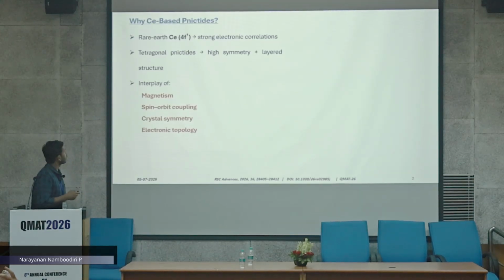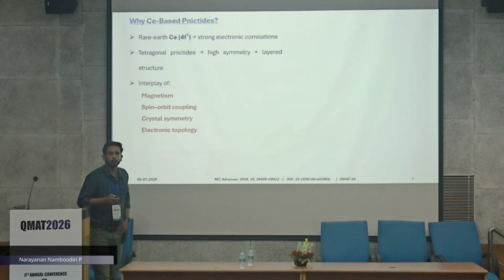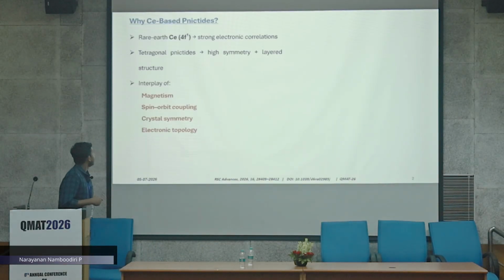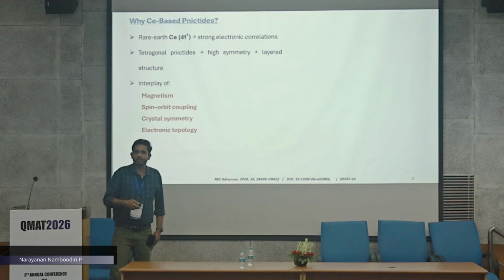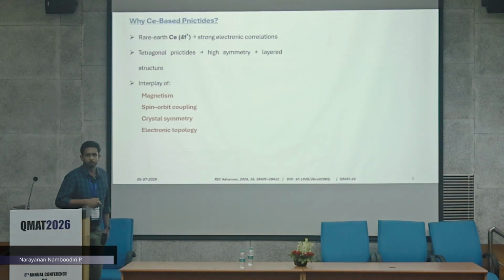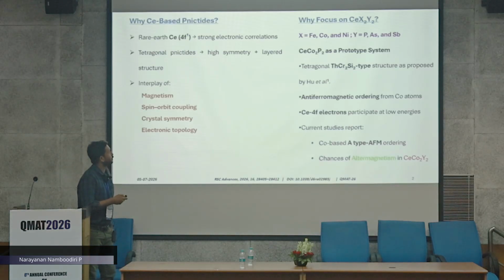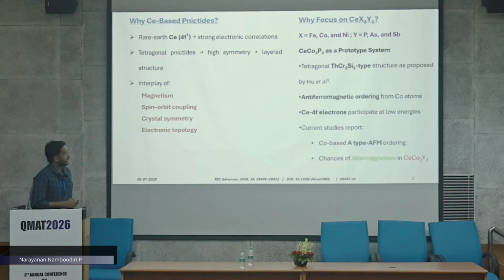Among these tetragonal nictides, we are dealing with the X2Y2 compound, where the magnetism, spin orbit coupling and crystal symmetry lead to a good topological material. Here we focus on CeX2Y2, where X is iron, cobalt, or nickel, and Y is phosphorus, arsenic, or antimony.